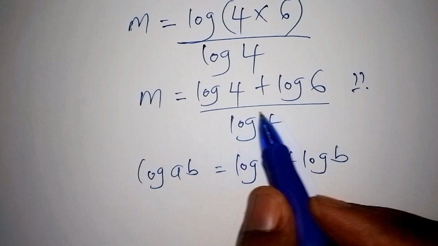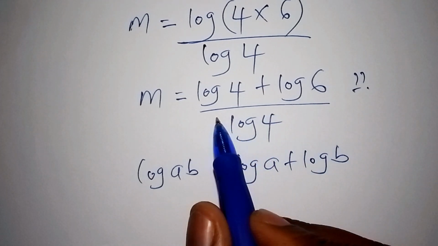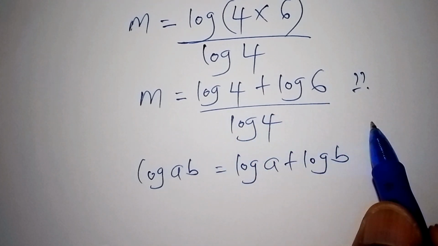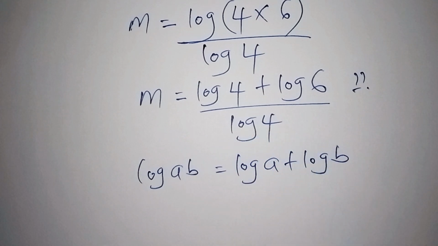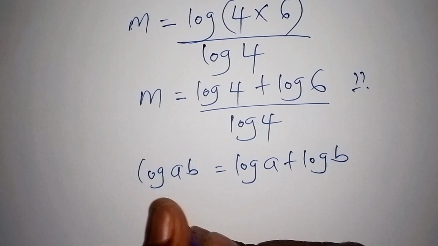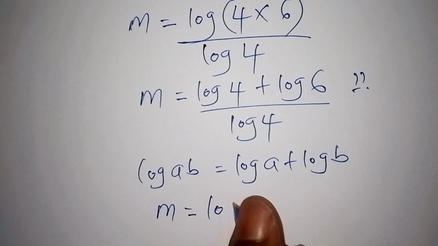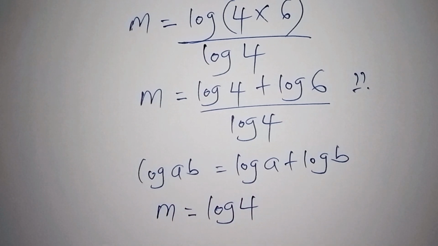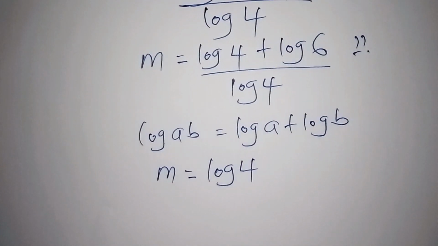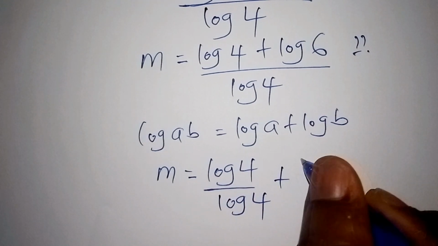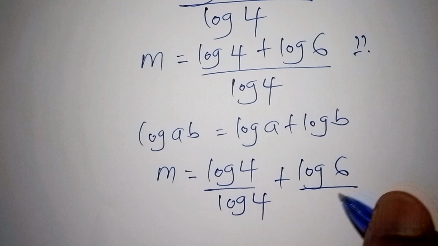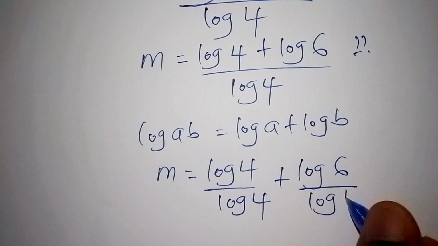So we shall be able to split the equation, meaning we divide both sides by the log of 4. So m equals the log of 4 divided by the log of 4, plus the log of 6 all over the log of 4.